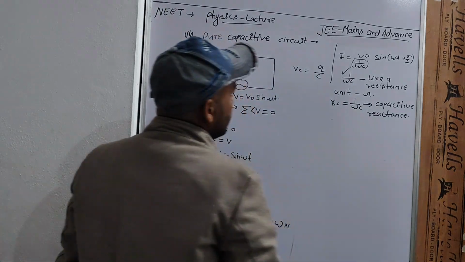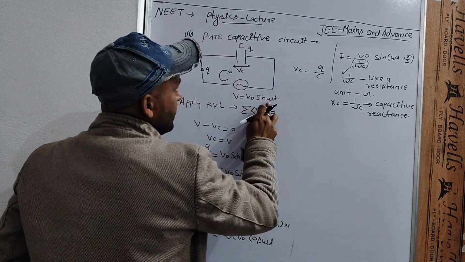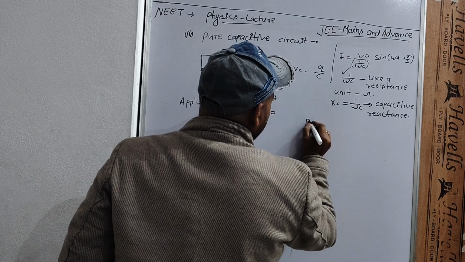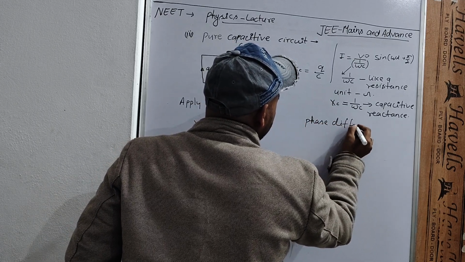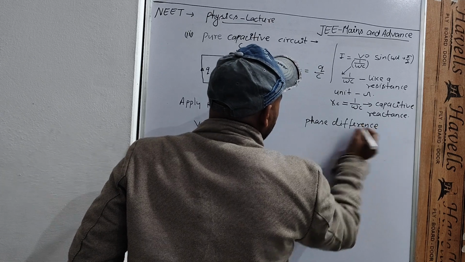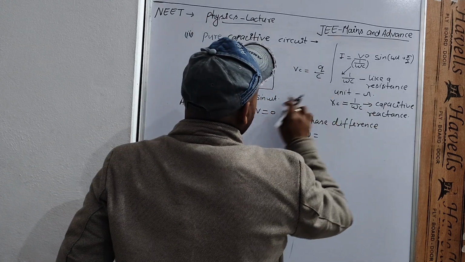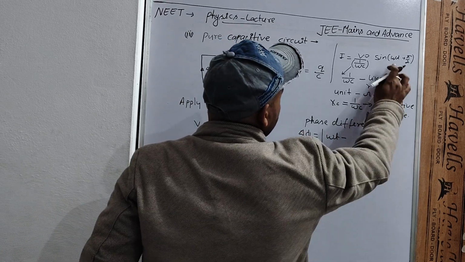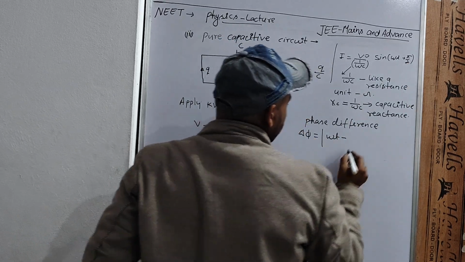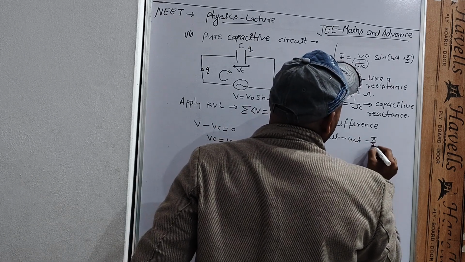Now we have to find the phase difference between voltage and current. Phase difference delta phi will be, the phase of voltage is omega t minus the phase of current is omega t plus pi by 2.